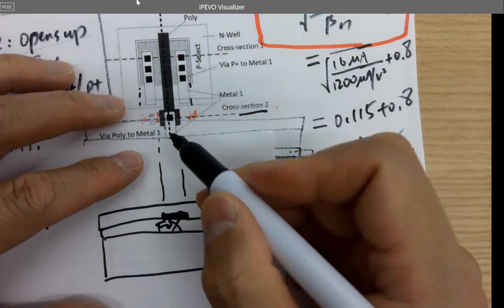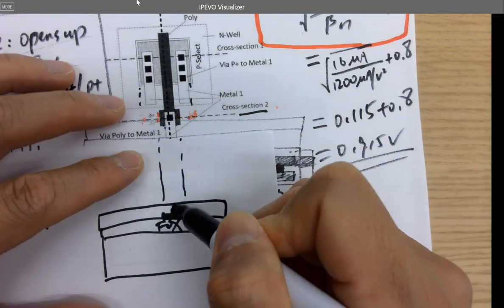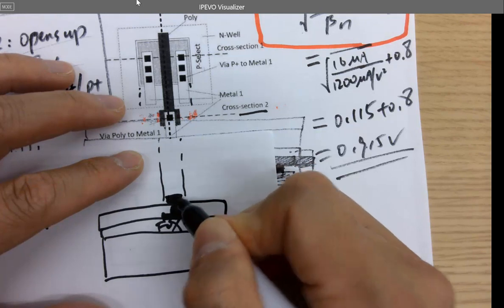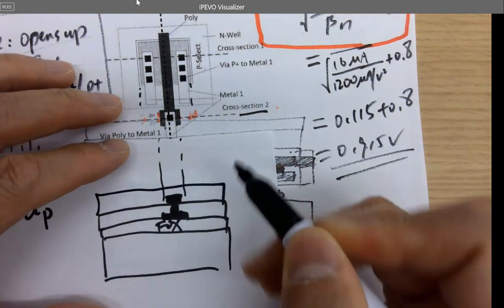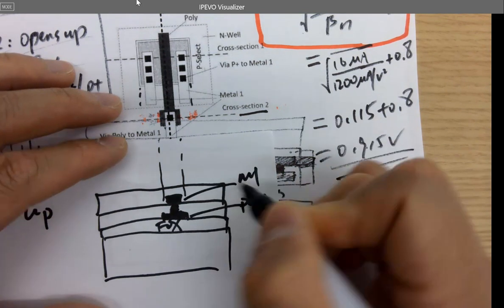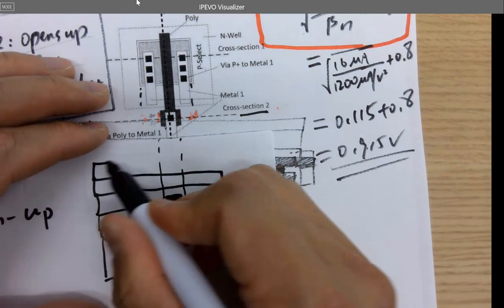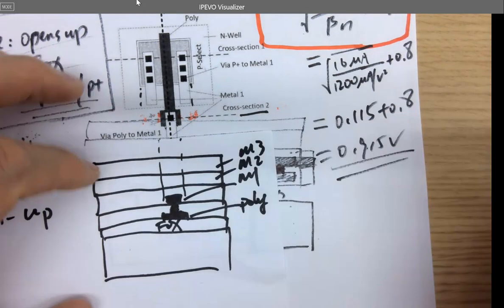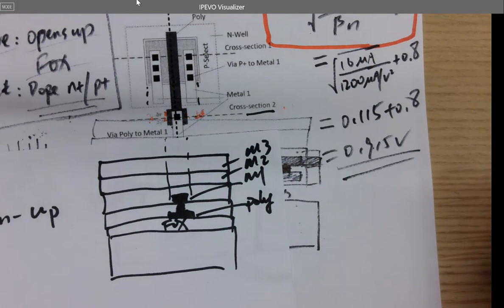We have a very small square in the middle as a via, and then you have a smaller layer of metal 1. That's poly, that's M1, and you should have layers of metal 2 and metal 3 as well, but they had nothing in them.